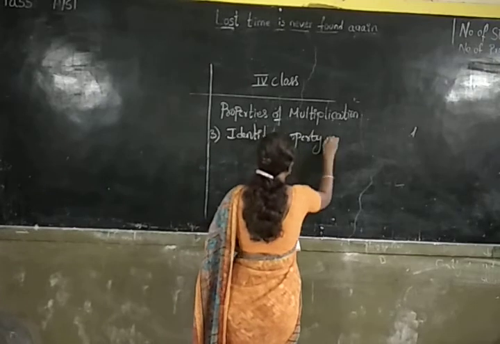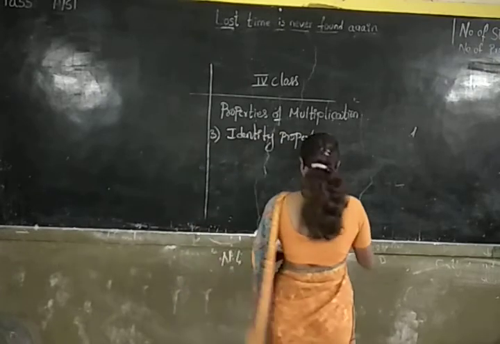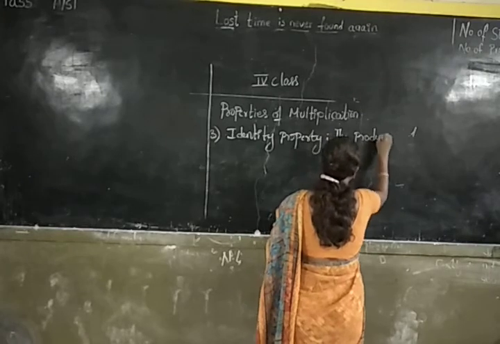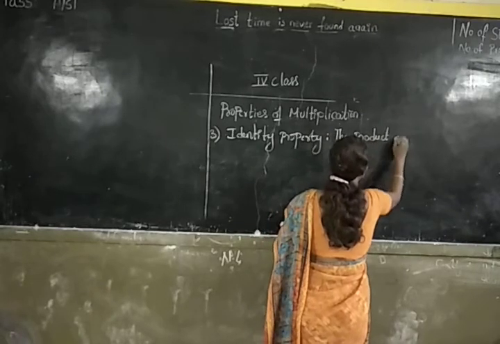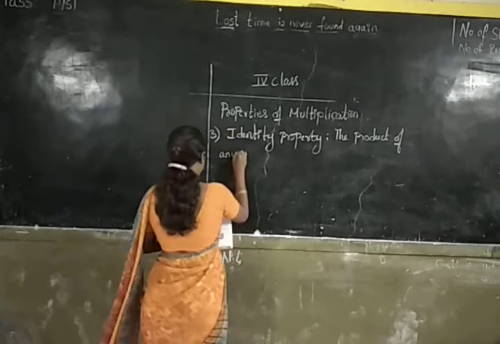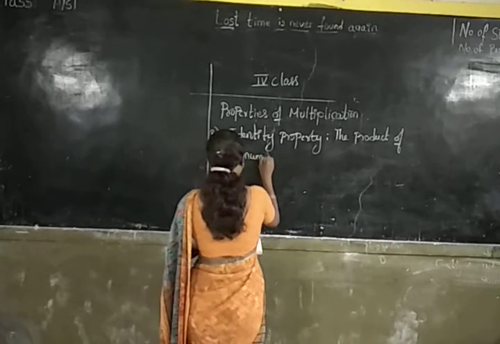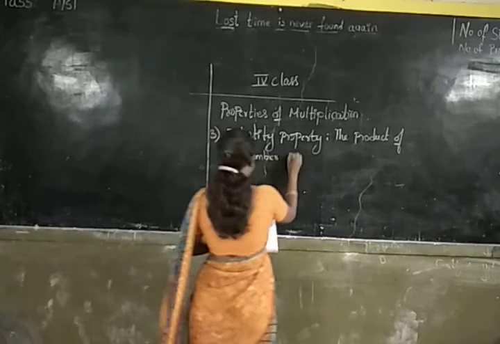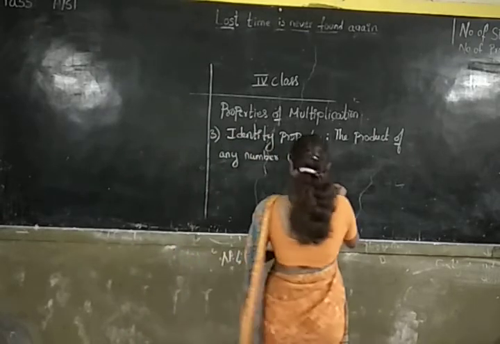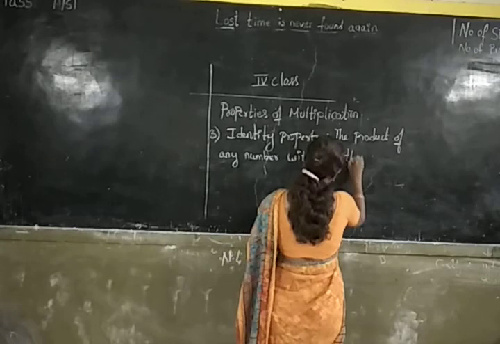Okay children. So when we multiply any number with 1, the product of any number with 1 is the number itself.